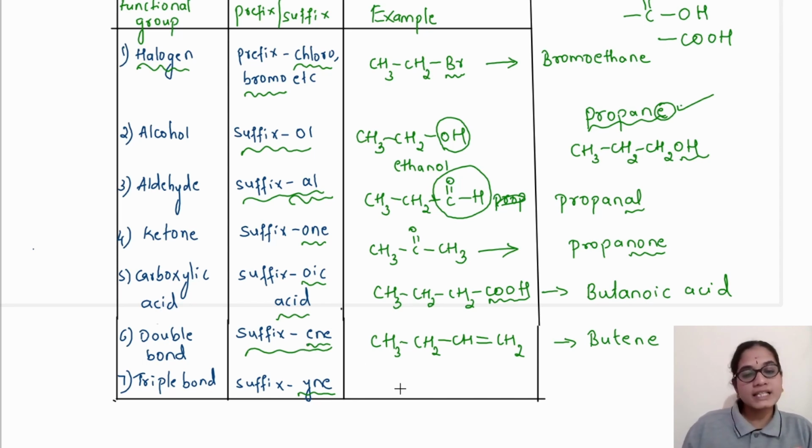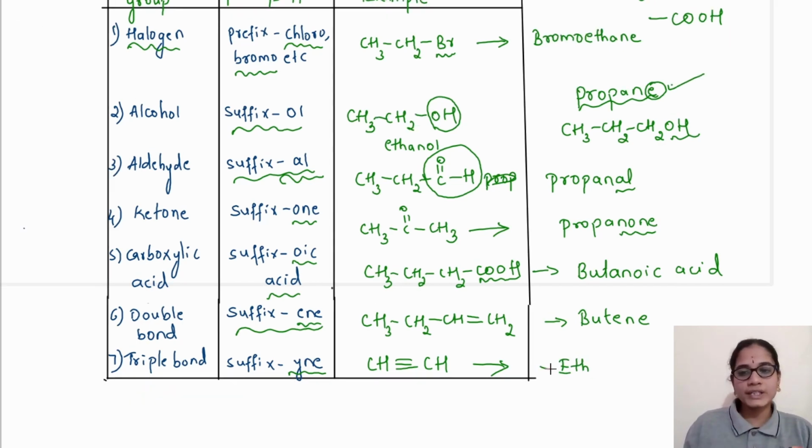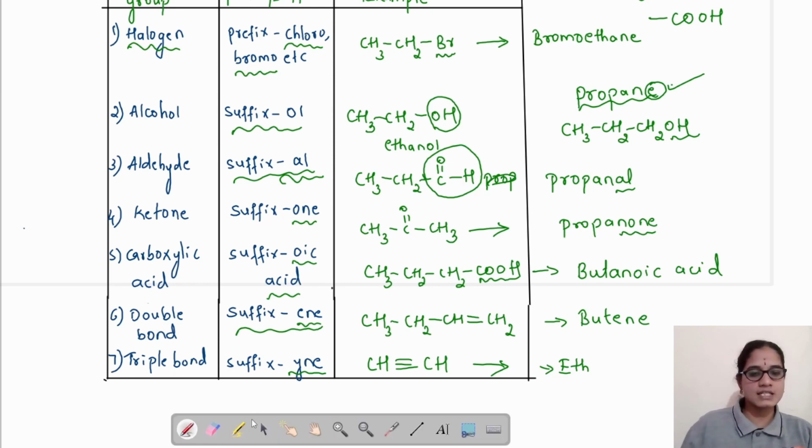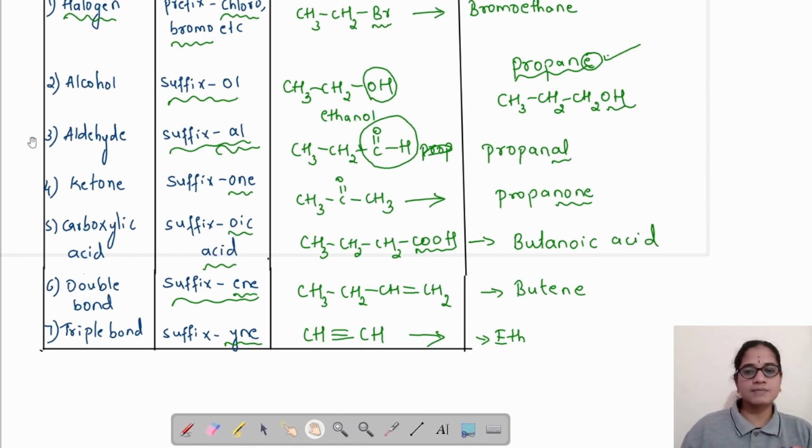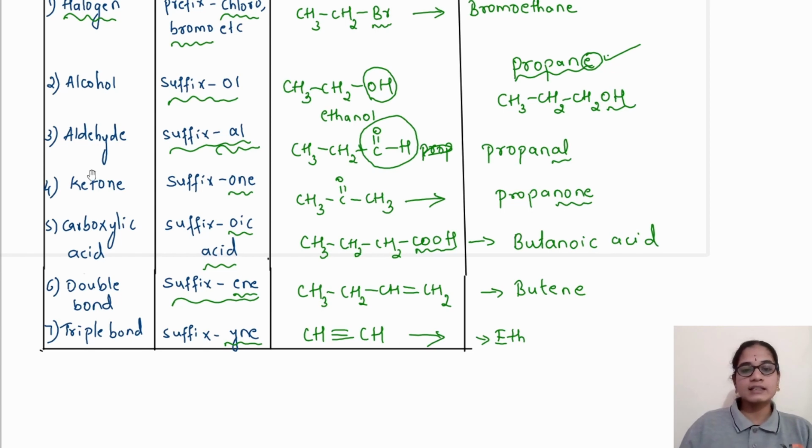Then when there is a triple bond in the compound, suppose this is a compound. We have a triple bond here, and the number of carbon atoms is 2, so eth is used. Then the suffix that we will use will be "yne."